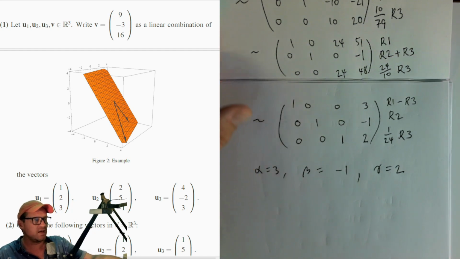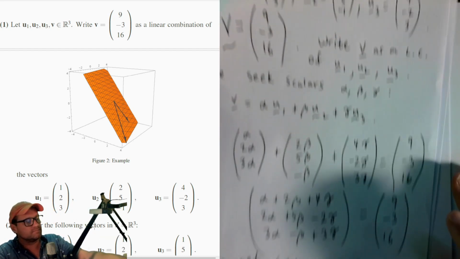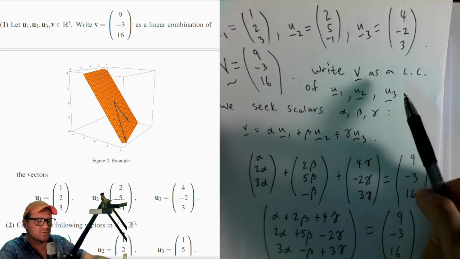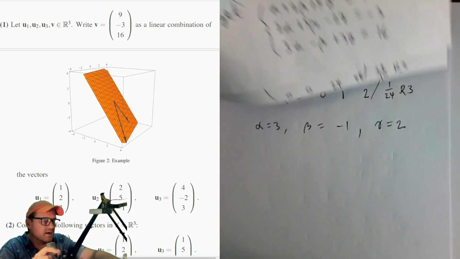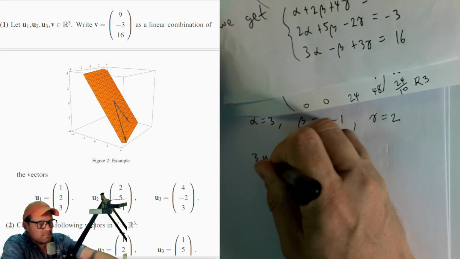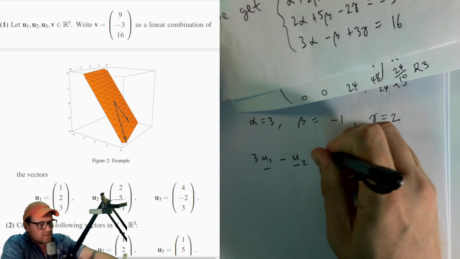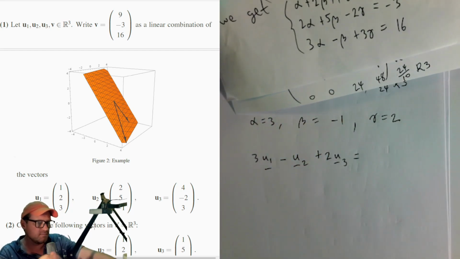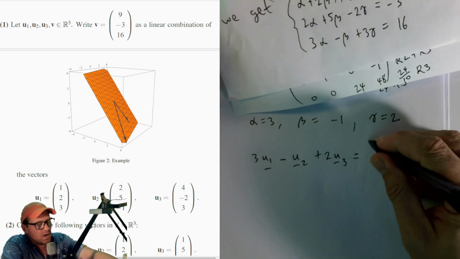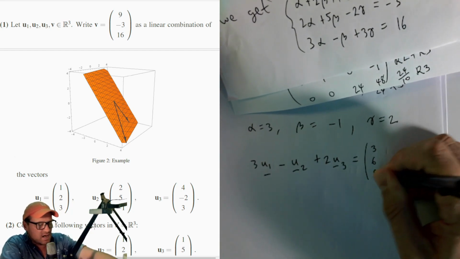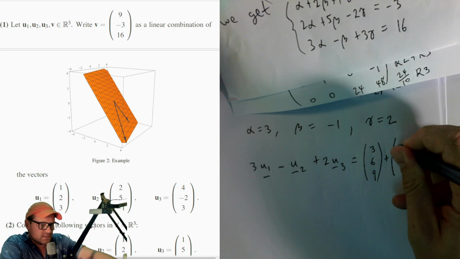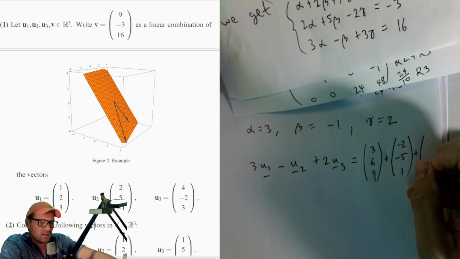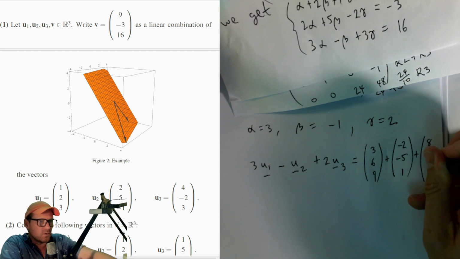So going back then to our original question, where we were asked to write V as a linear combination of U1, U2, and U3, we now have that 3U1 minus U2 plus 2U3 is supposed to be equal to V. But let's check. So 3U1 is 3, 6, 9, minus U2 is minus 2, minus 5, 1. 2U3 is 8, minus 4, 6.